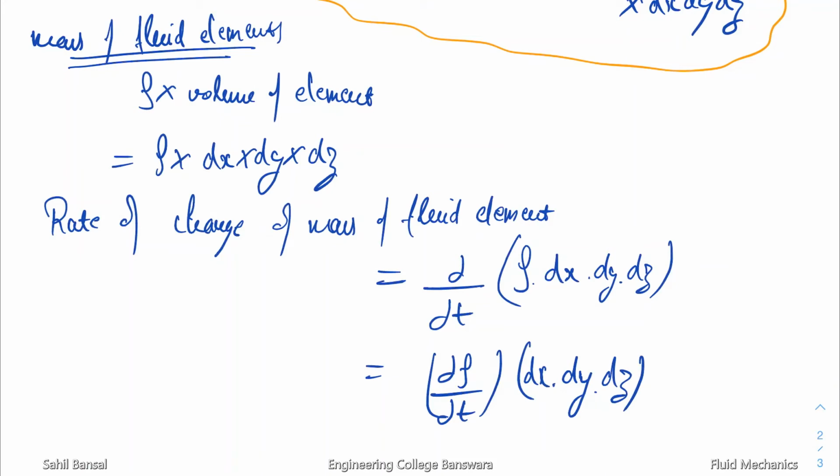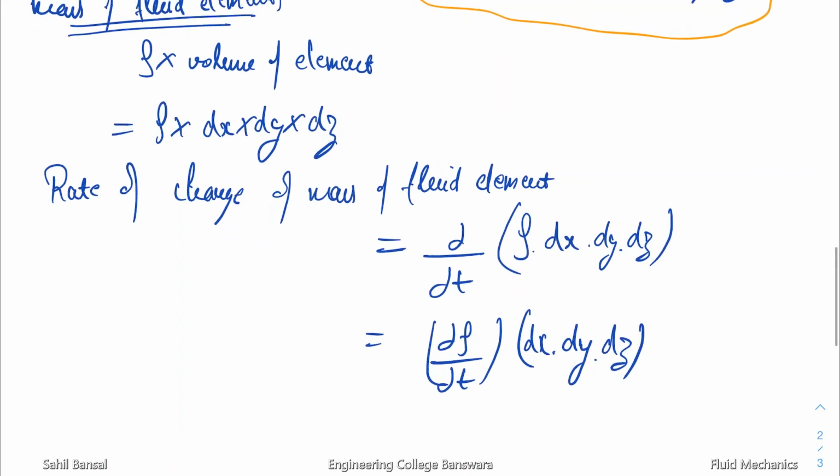If my mass is getting accumulated or shifted from inside to outside of the system, then density has to change because my volume dx into dy into dz is constant here. That's the volume of the element I have taken for my study. So the rate of change of mass of the fluid element will be equal to del rho by del t into dx dy dz.